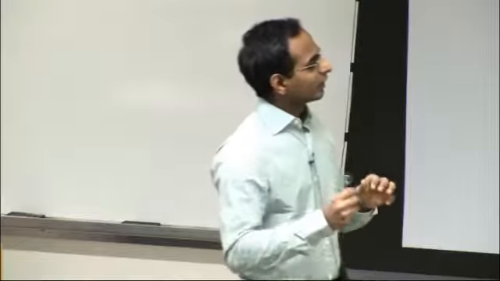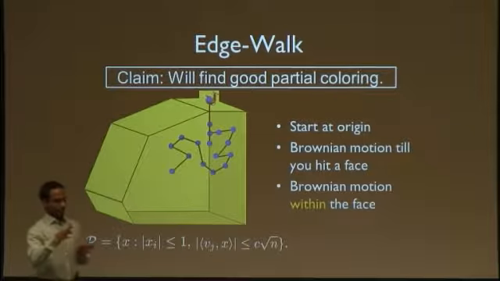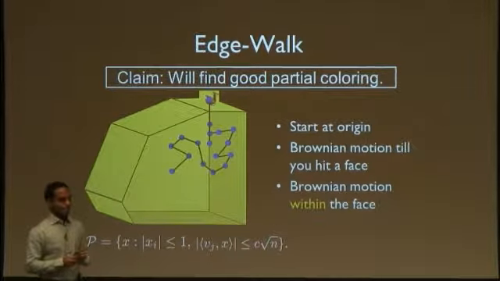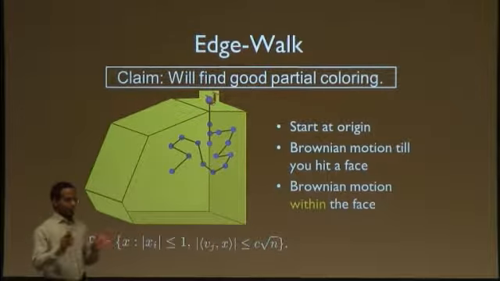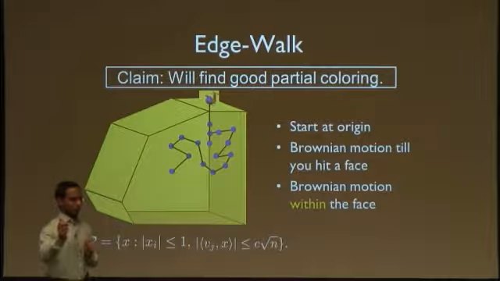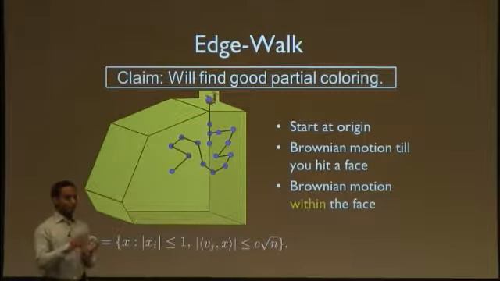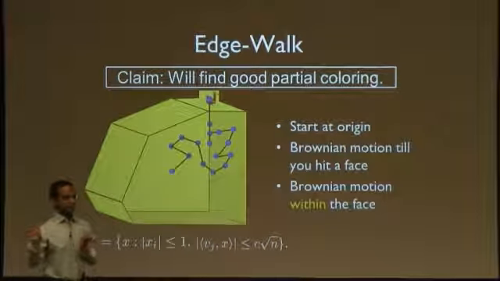So this Brownian motion is through fractional points? Yes, it is through fractional points. And what is your stopping criteria? Morally, the stopping criteria is just go until you reach a vertex of the polytope. But in reality, we'll just stop after a certain number of iterations because we want it to be a discrete walk.